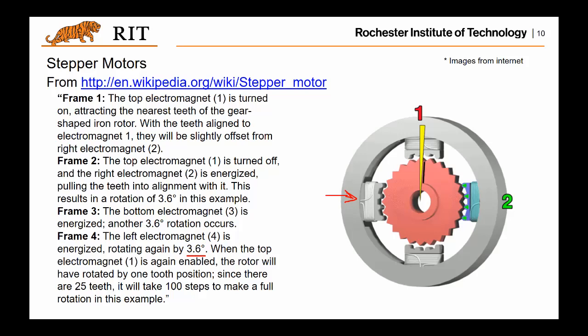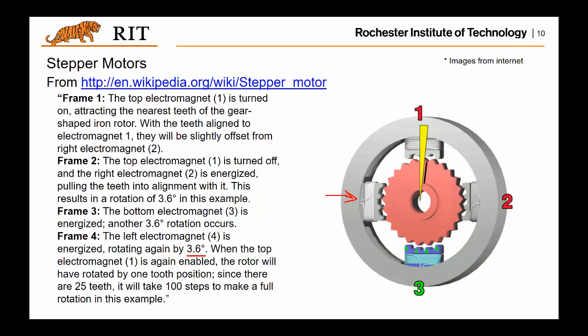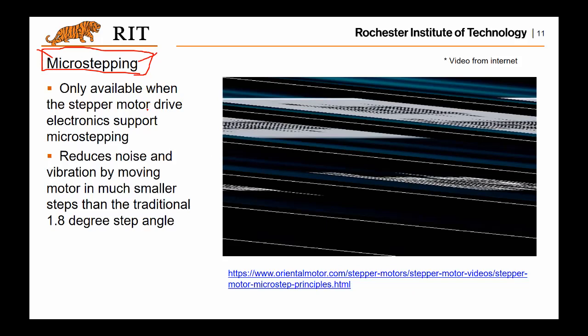So there's a special type of operation which is called microstepping. Since we have this angle, the rotated angle per step, determined, instead of just utilizing that, to make the rotation smoother and to reduce the noise of the motor, there's a way to further reduce the steps, which is called microstepping.